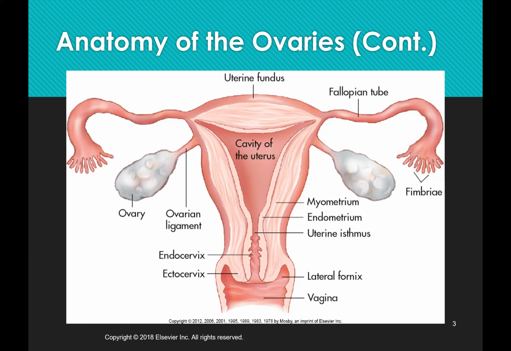This ligament is important because you want the fallopian tube to be close to the ovary when it comes to fertilization. So that's why the ovarian ligaments are pretty important.